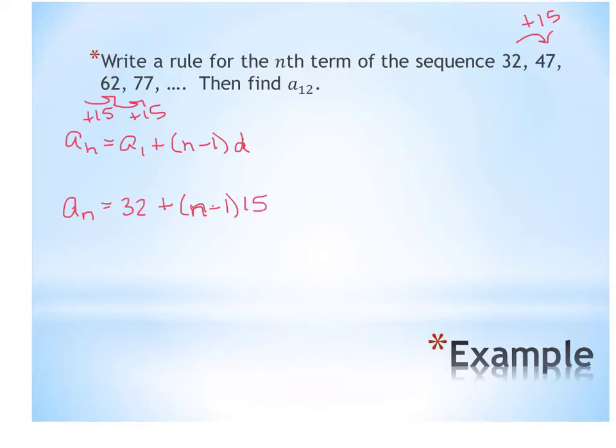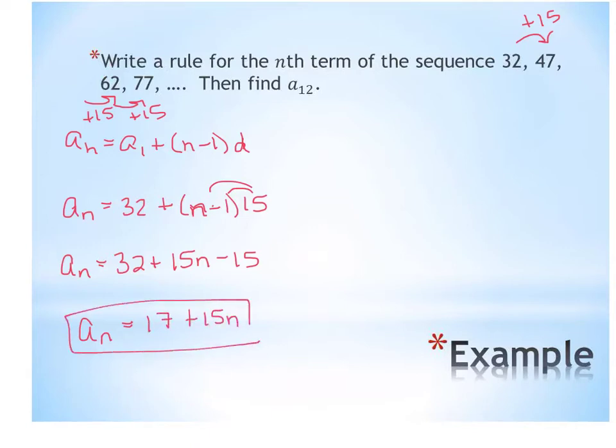And then I want you to simplify this. I know that's a lot to ask, but you can do it. Distribute 15n minus 15. Clean it up a little bit. We're going to have 17 plus 15n. So there is our rule for the nth term.